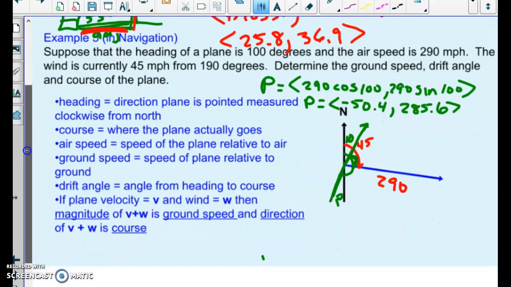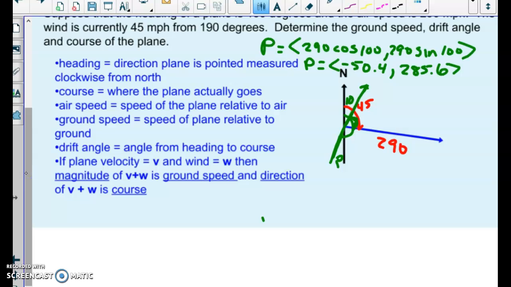Now let's do the same thing for the wind. Our wind, I'm going to go with 45 cosine, and the angle that it was given is 190, and 45 sine of 190.